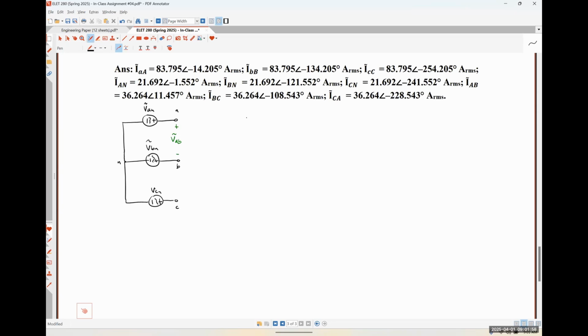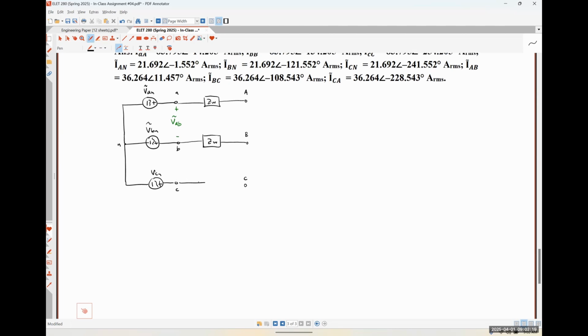Now I'm going to put in my transmission line network. A, B, and C. So here's my impedance of ZW, ZW, and yet another ZW.